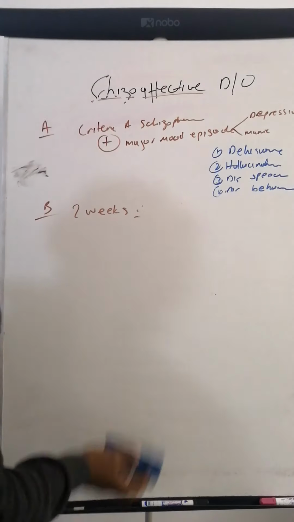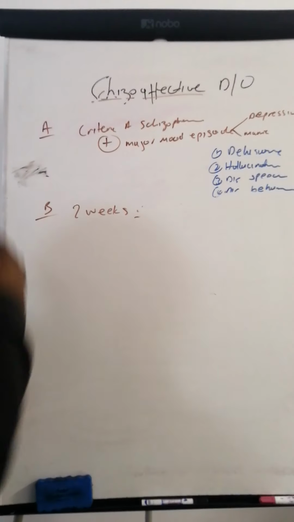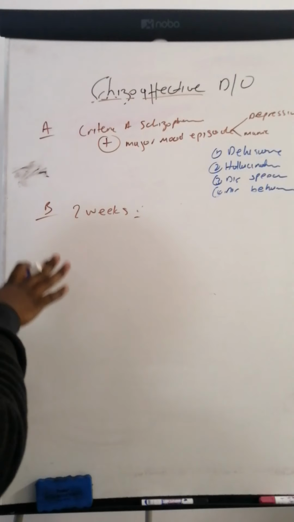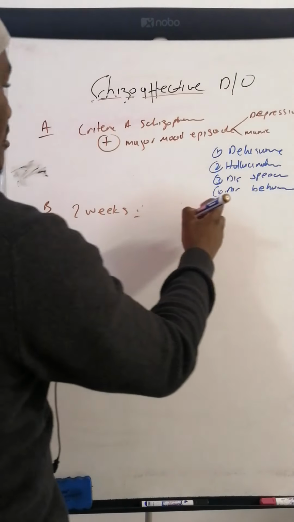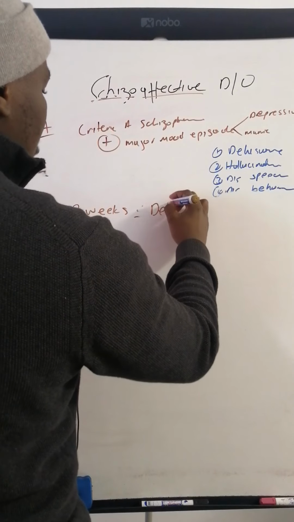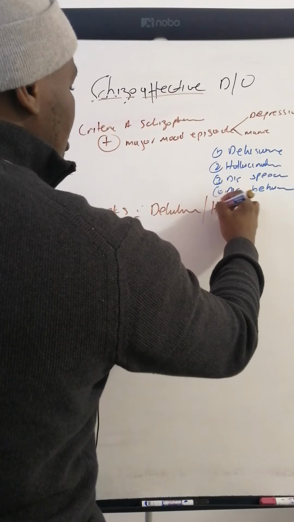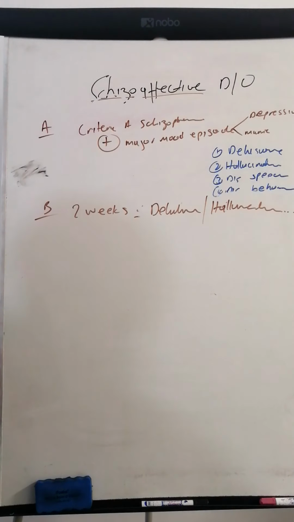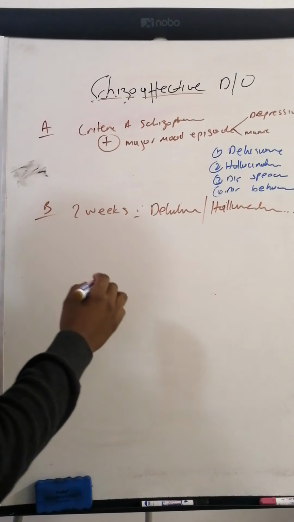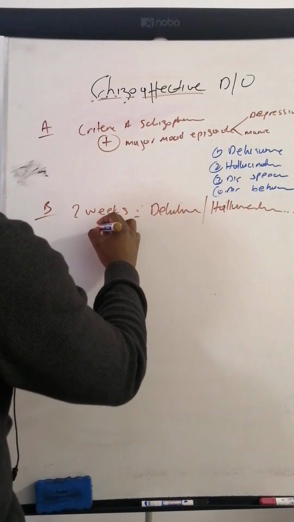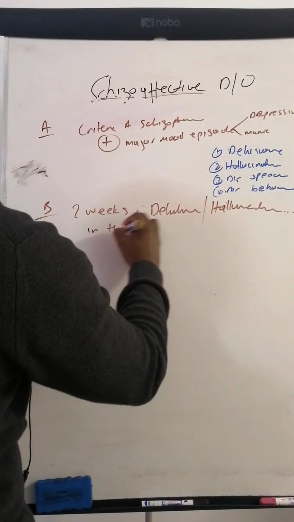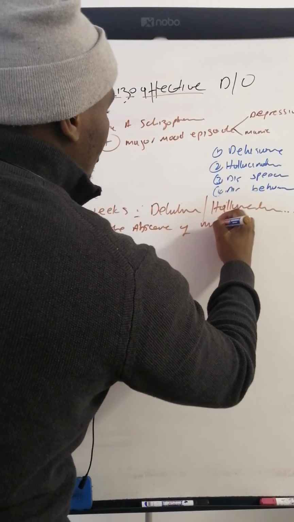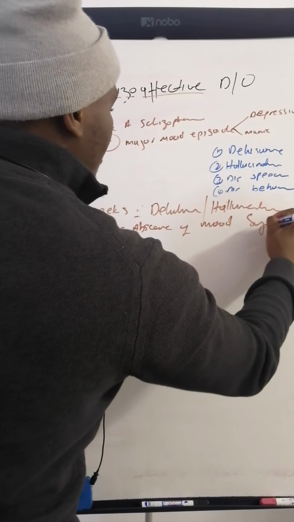Sorry about this. I'm mistaking this with something else. So for us to meet criterion B, we need 2 weeks of delusions or hallucinations in the absence of mood symptoms, and I'll tell you why that is important.